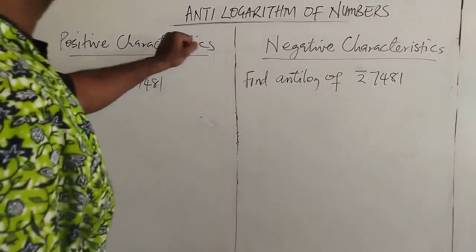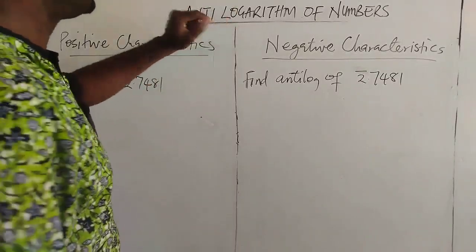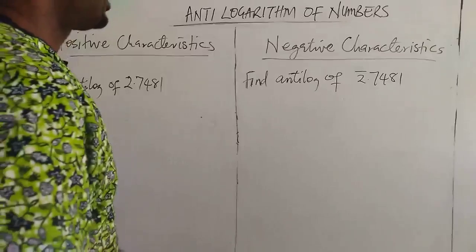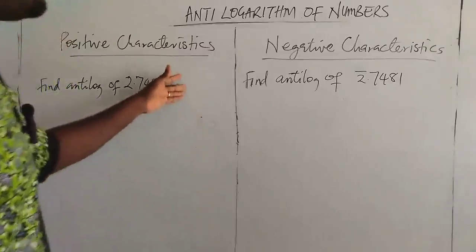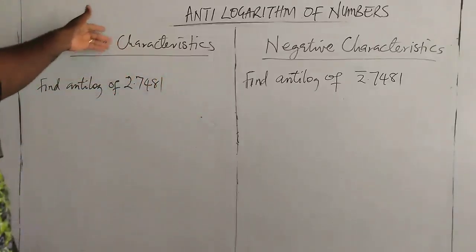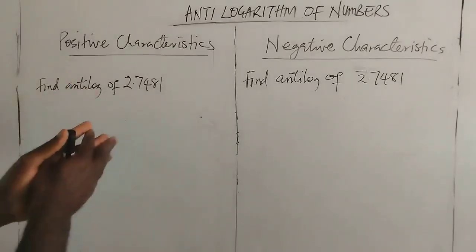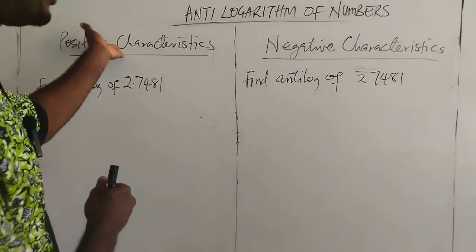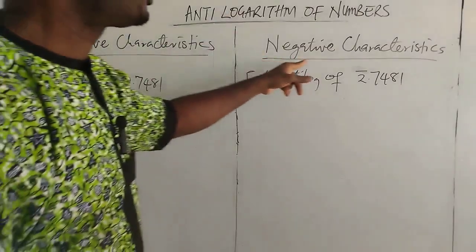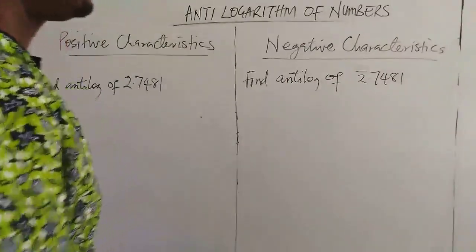In continuation, I have on the board anti-logarithm of numbers. I divided it into two: numbers with positive characteristics and numbers with negative characteristics.